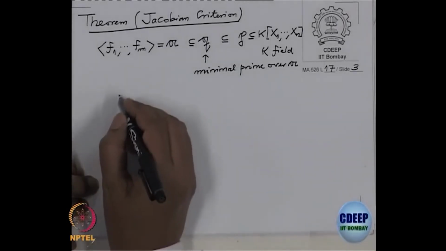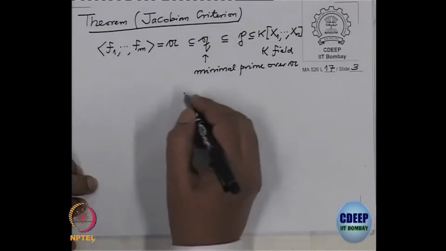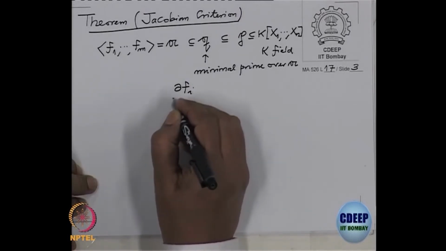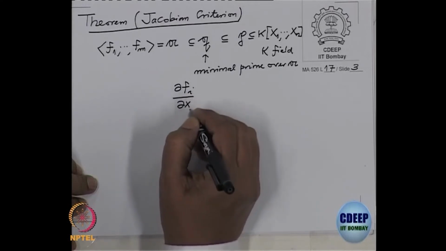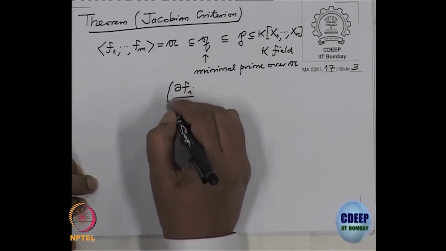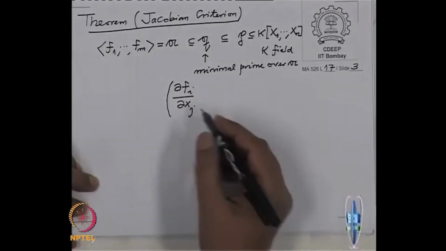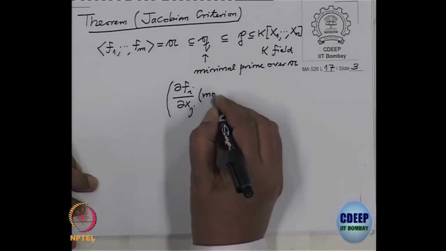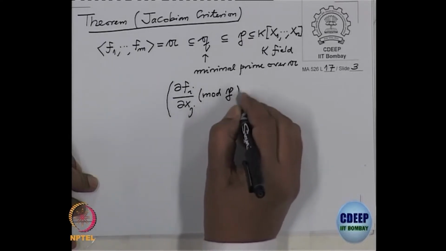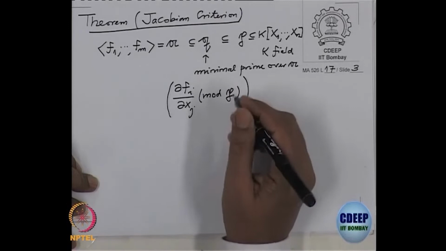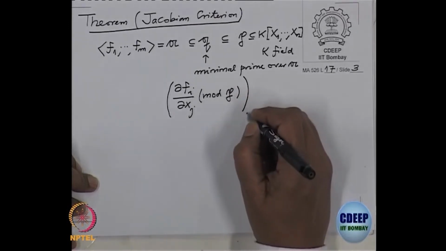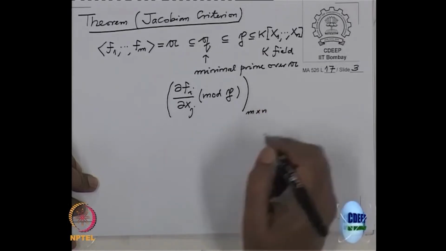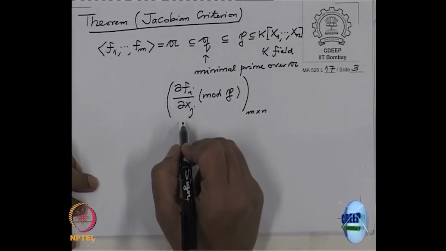I want to denote now, if I take this matrix ∂Fi/∂xj, differentiating these polynomials with respect to the variables xj and reading them mod P, this is now an m by n matrix. The i's are the rows and the j's are the columns.